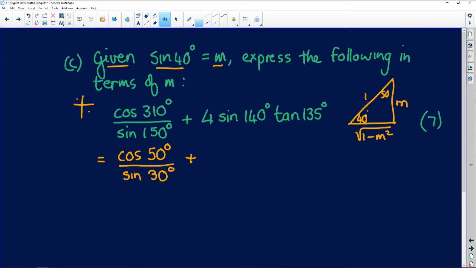Let's continue. The sine of 140 is in the 2nd quadrant. 180 minus 40, sine is positive, so that's the sine of 40. And the tan of 135, again, be careful, brackets. I'm telling you to use brackets and I don't even use them.